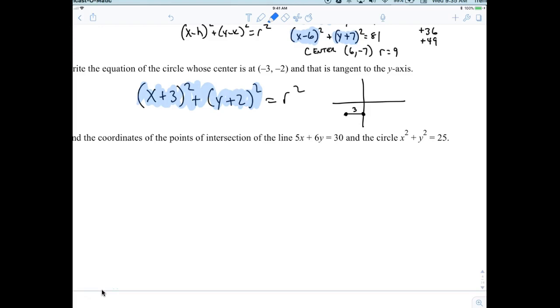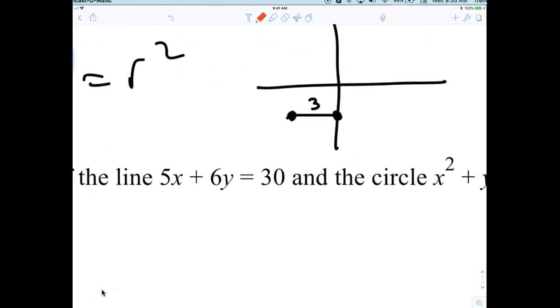So if it's tangent to the y-axis, that means it touches the y-axis at a single point. So if I were to draw this, you watching? And then this is my circle that's created. You with me on that? So this is the circle that is created. Right? So what's the radius?